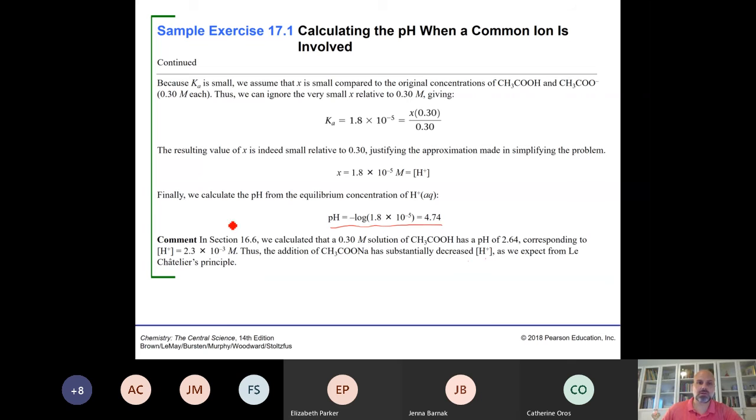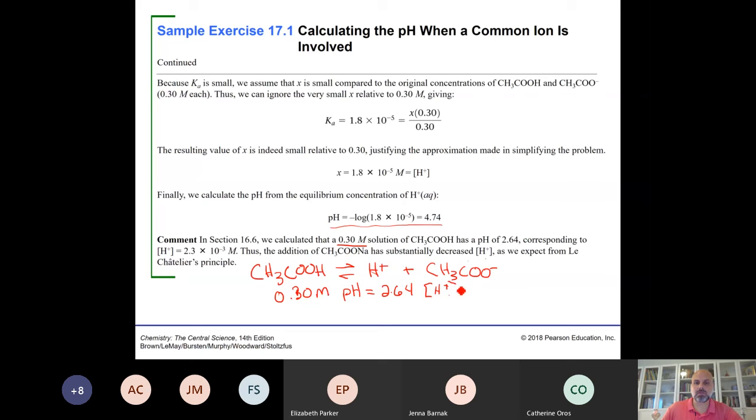So all they're saying is, if we just had acetic acid dissociating to give us our protons plus our acetate, and all we added was a 0.30 molar solution, we ended up with a pH of 2.64.